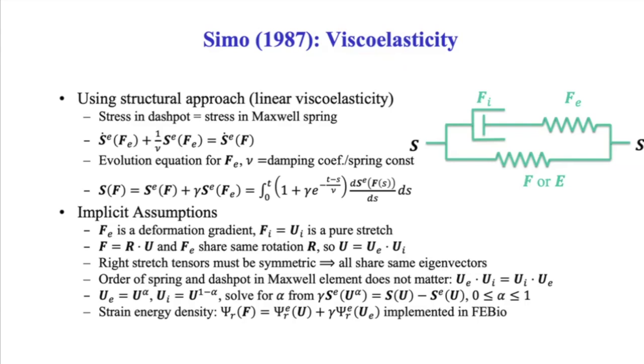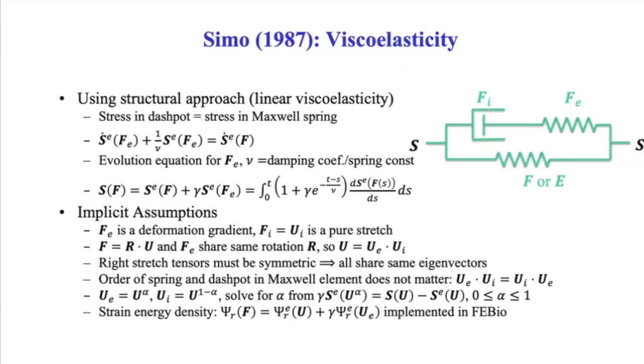So my understanding is the viscoelasticity literature is not clear. Some papers propose something, some papers don't. But what I discovered is this. One of the basic assumptions, which is never questioned, is which one goes first, the dashpot or the spring? Does it matter? Should I be able to flip them? The answer is, of course, I should be able to flip them. But if I flip them, it changes the order of how you multiply these stretch tensors.